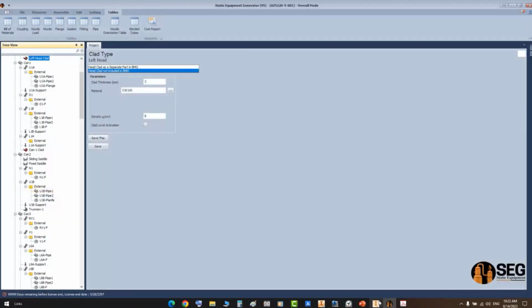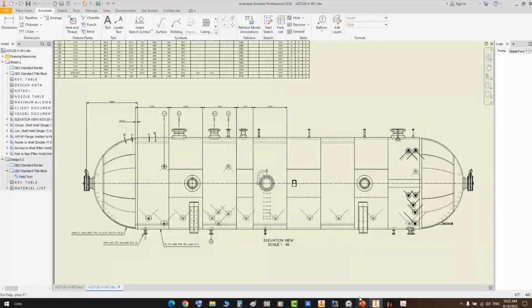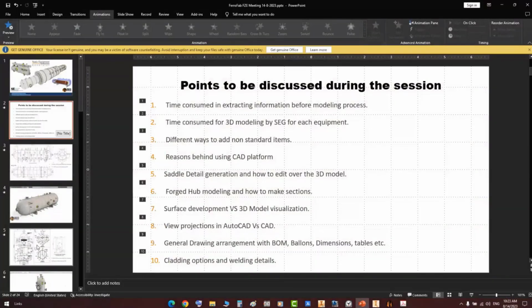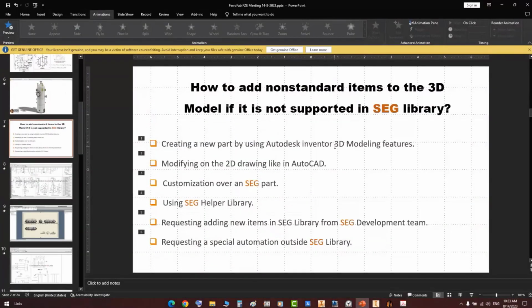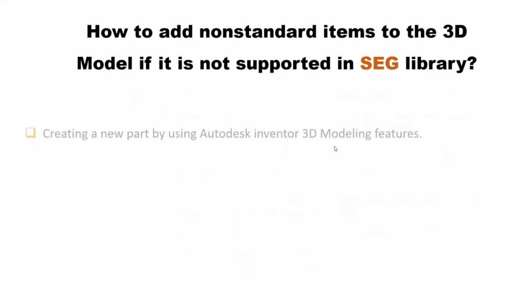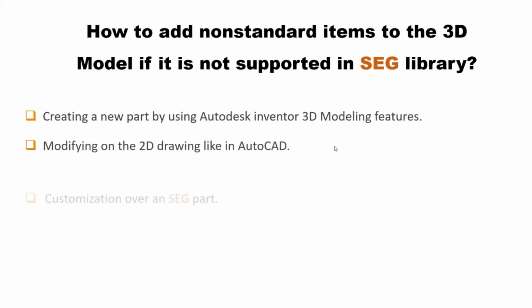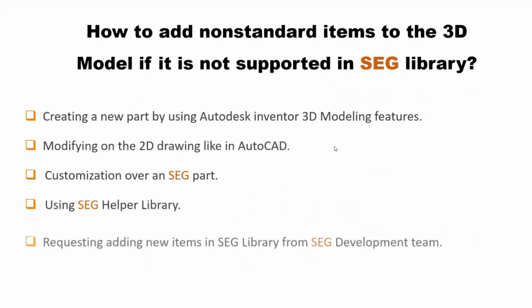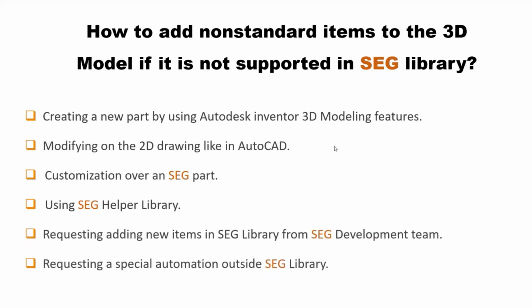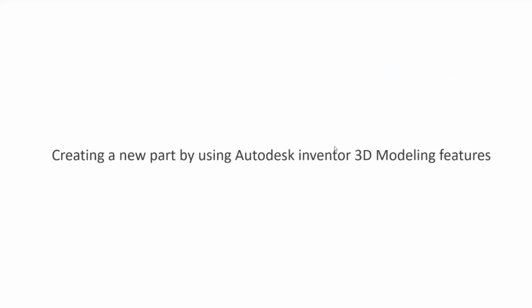Okay, for the welding details, as mentioned here on those slides, you have many different ways to import a new item. It's not included in SEG, even if it was on the 3D or on your drawing.